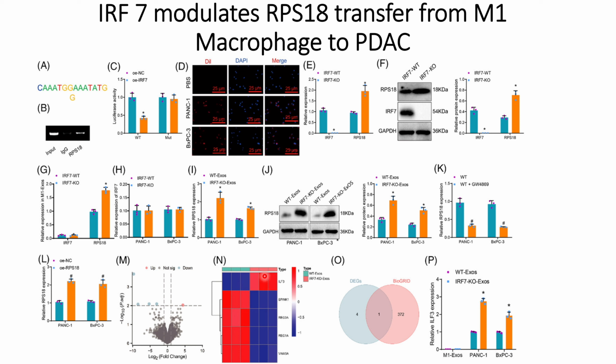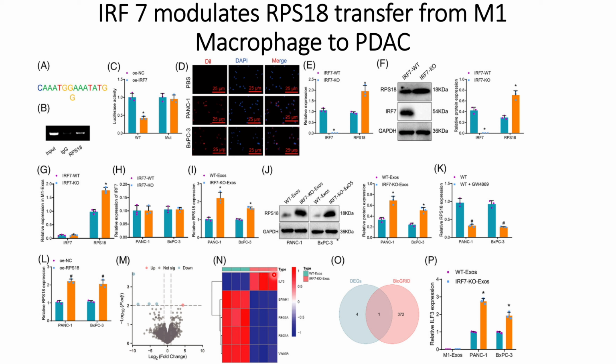In panel N, it's the heat map plot of these dysregulated genes that are found in the volcano plot. And here we can see that ILF3 has been upregulated in the case of the IRF7 knockout exosomes compared to the wild type.